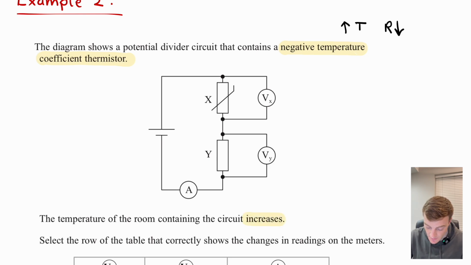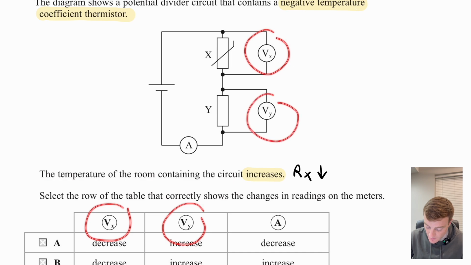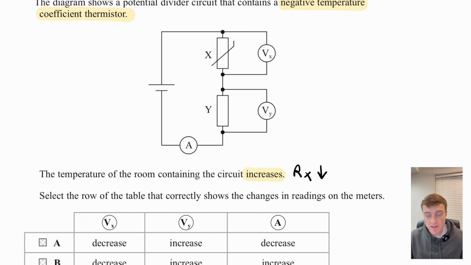So that tells me that the resistance of X decreases. Okay, so that's going to be important. Select the row of the table that correctly shows the changes in readings on the meters. So we want to find the potential difference across X, the potential difference across Y, and the total current in the circuit. Now let's use my recipe.